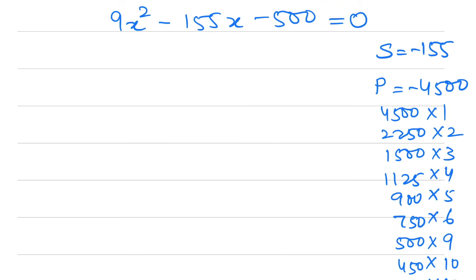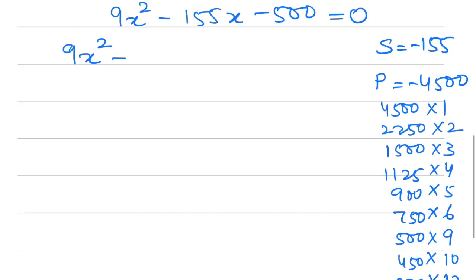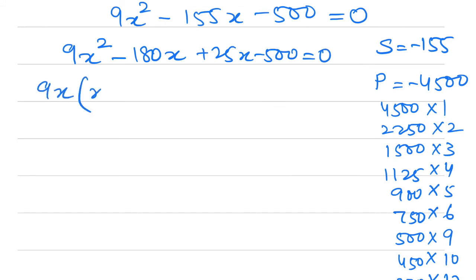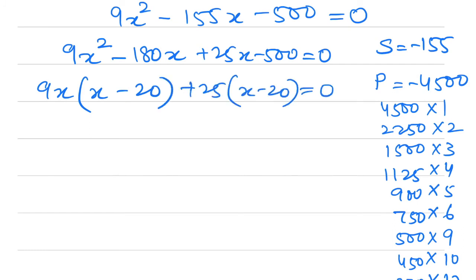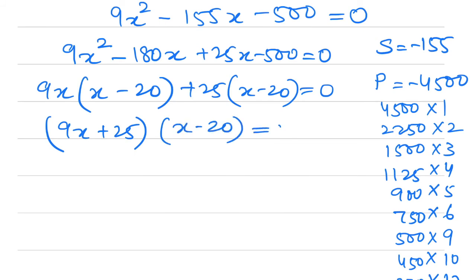So we can split the middle term as 9x square minus 180x plus 25x minus 500 is equal to 0. So 9x is common here. We have x minus 20, plus 25 is common. x minus 20 is equal to 0. So 9x plus 25 here, and we have x minus 20 is equal to 0.